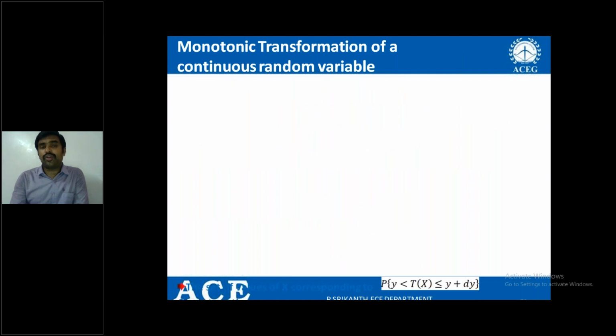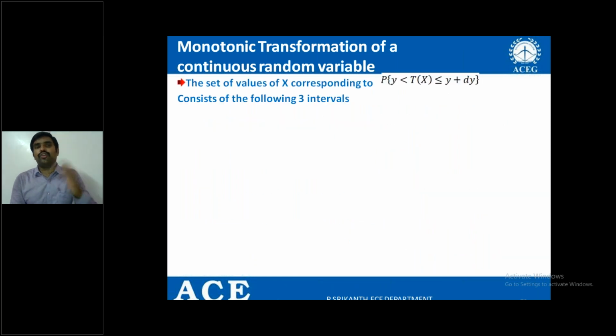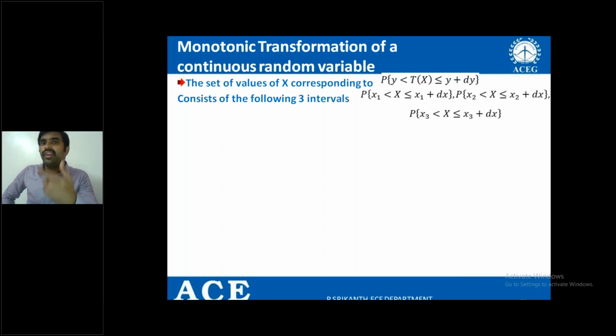So here, how do you take the set of values of x corresponding to P(y < T(x) ≤ y + dy)? It consists of the following 3 intervals. That is, one particular interval in the random variable y is related to 3 intervals in the random variable x. What are the intervals? One is between x1 and x1 plus dx.